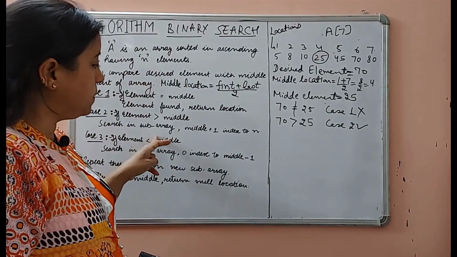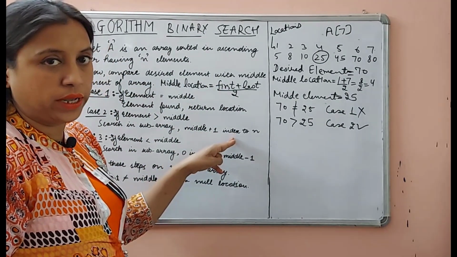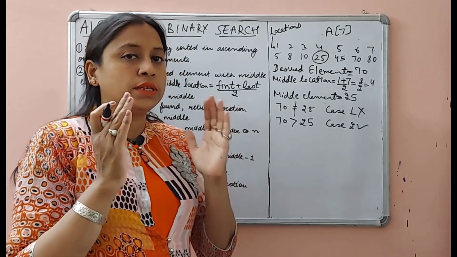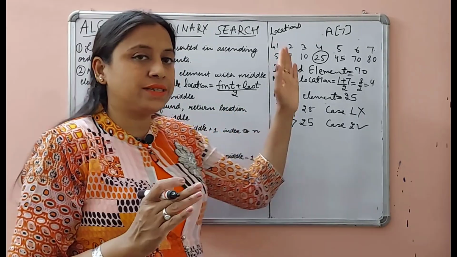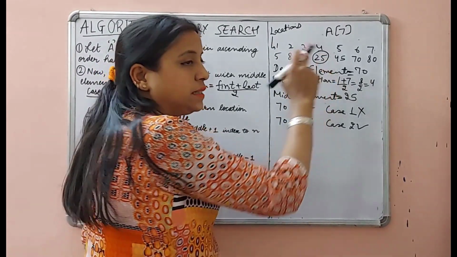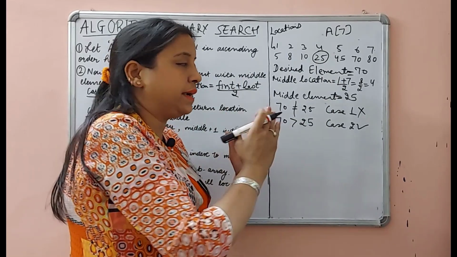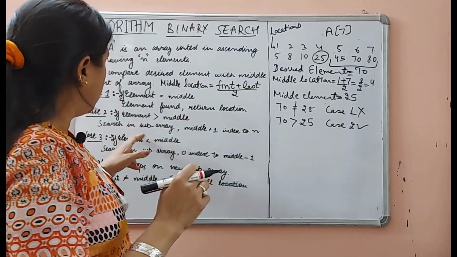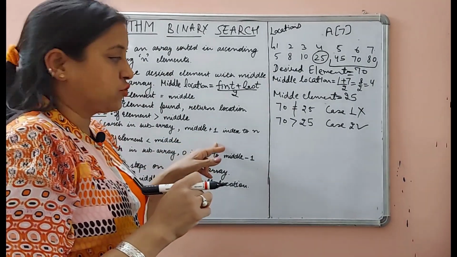Now search in the subarray middle plus 1 index to n, means now the list is divided into two sublists. Because this list is in sorted order and the middle element is less than the desired element, the desired element is in this half sublist. Middle plus 1 index to n.